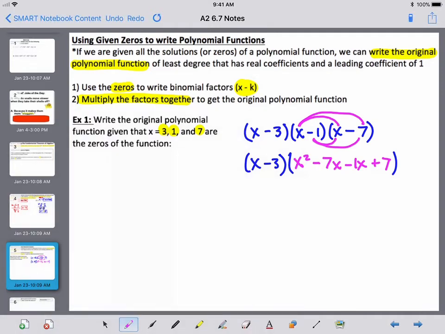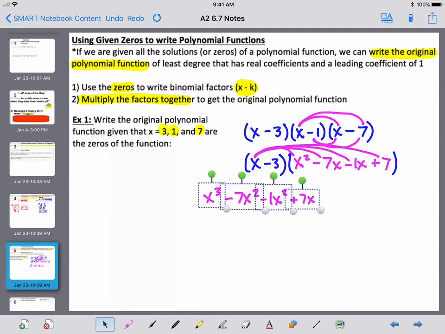First starting with the x. So x times x squared is x cubed. X times negative 7x is negative 7x squared. X times negative 1x is negative 1x squared. And then x times 7 is 7x. And now we need to take that negative 3 and distribute that.